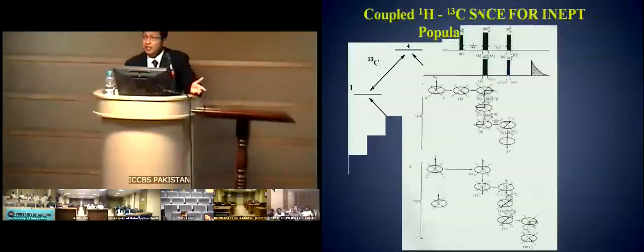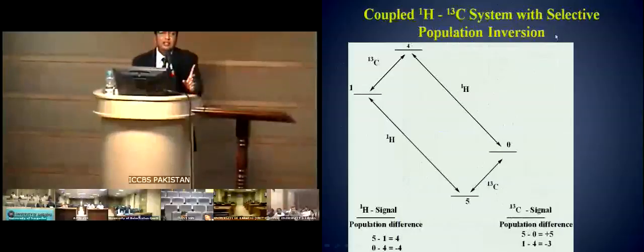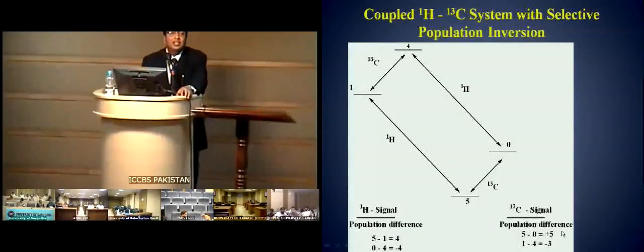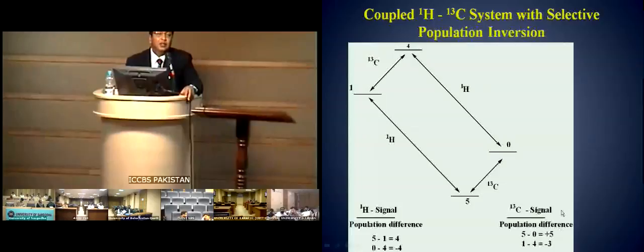You agree with me? As a result of the polarization transfer, you see a plus 5 and a negative 3. So you see a 4-time increase in the signal intensity, though, to be honest, this is a distorted signal, but visible more than it used to be before polarization transfer.